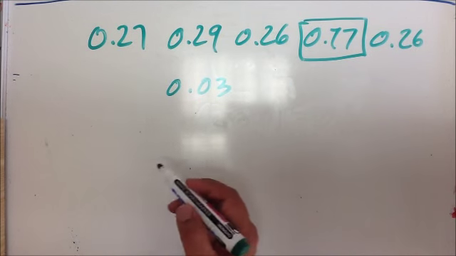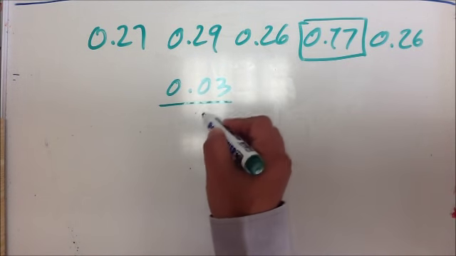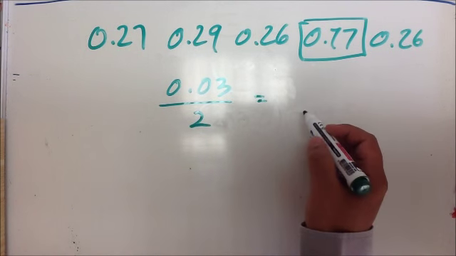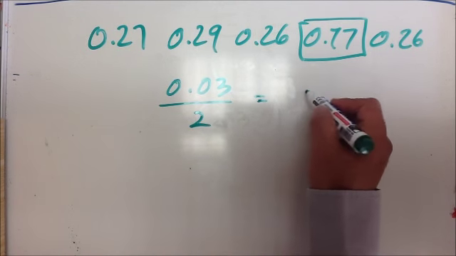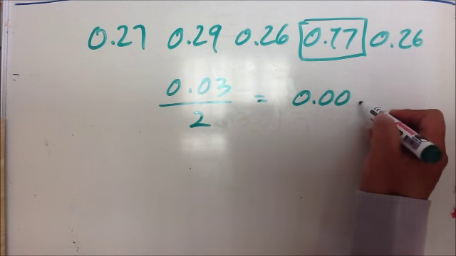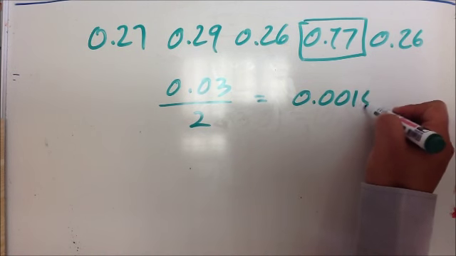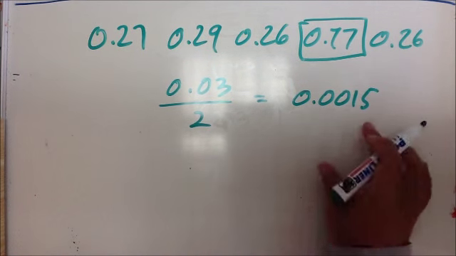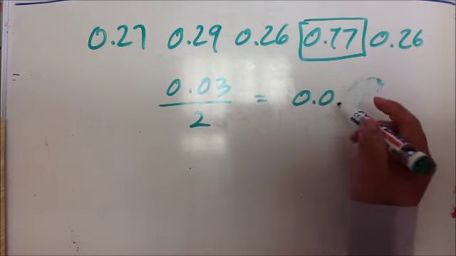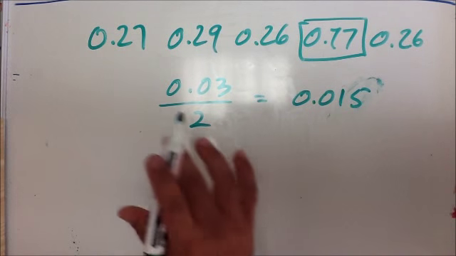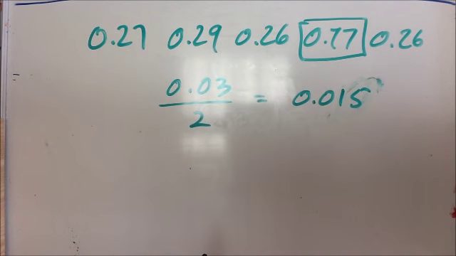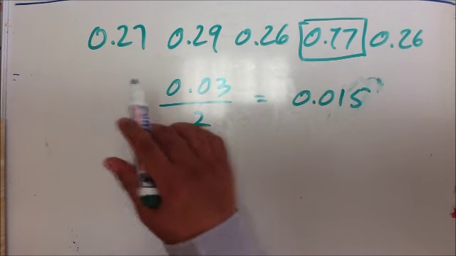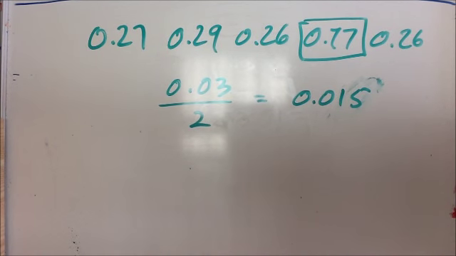What we then do is we take half of this range, and so the uncertainty here is 0.015. So that is the absolute uncertainty in this range of data points.